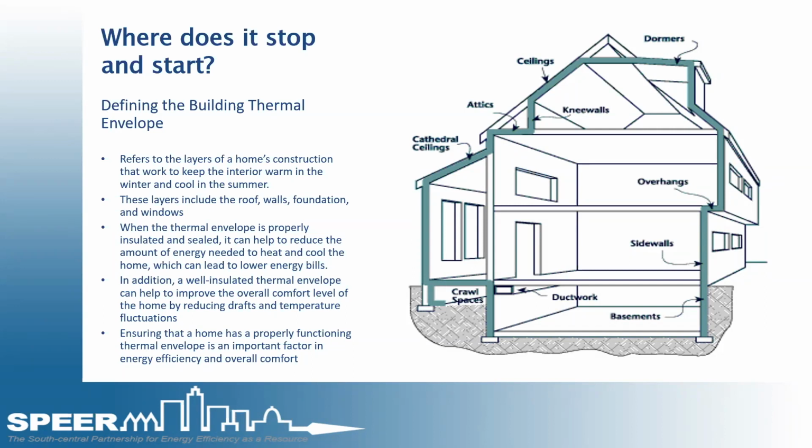In addition, a well-insulated thermal envelope can help improve the overall comfort of the home and reduce drafts and temperature fluctuations. So ensuring that a home has a properly functioning thermal envelope is an important factor for energy efficiency and overall comfort. It also helps keep out and mitigate moisture that moves into the building, which can also change indoor comfort.